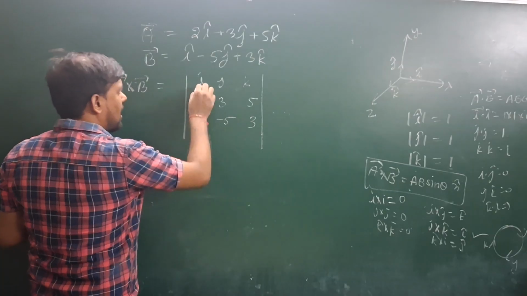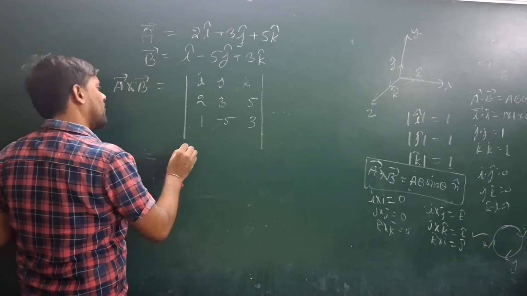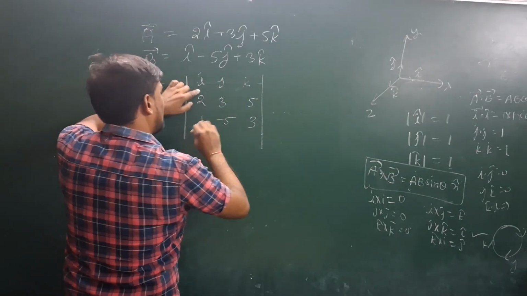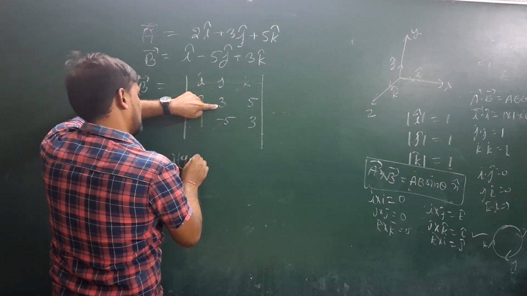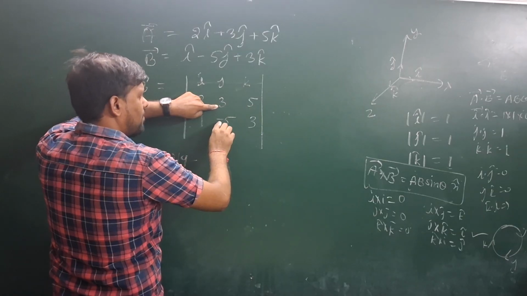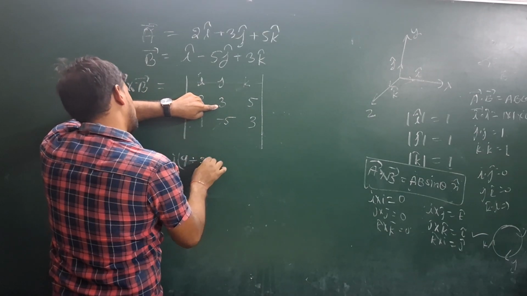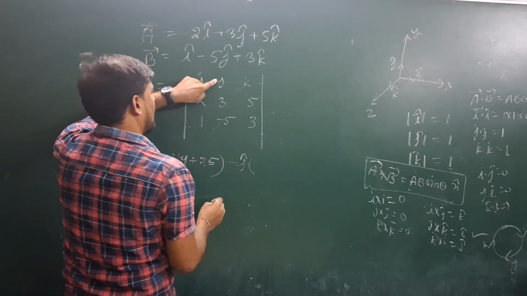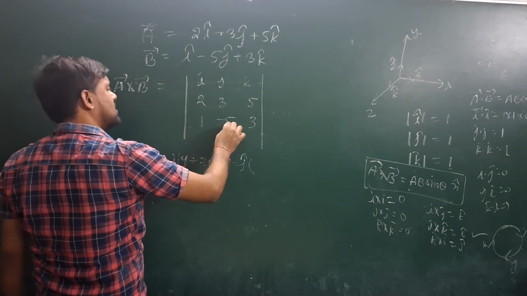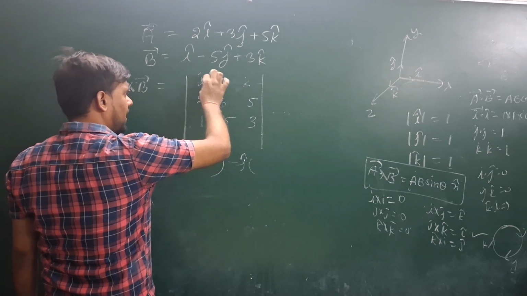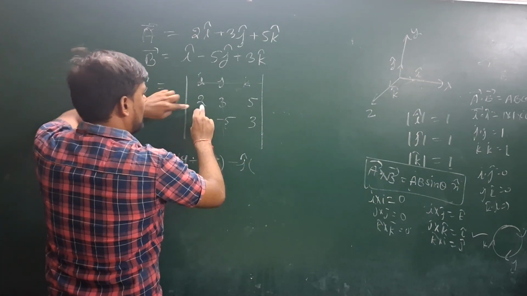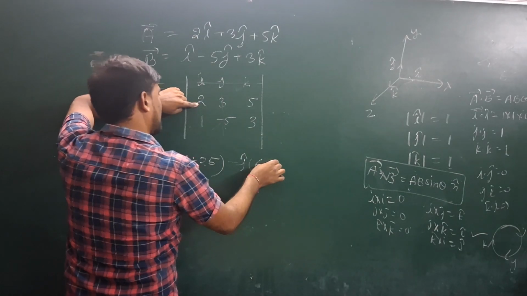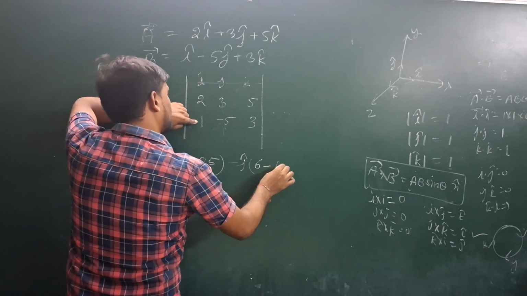How? Let me see. For the coefficient of I, the I row and column are blocked, and we get 3 times 3 is 9 minus 5 times minus 5 is 25, so minus becomes plus 25. Now with minus j, we take the row and column of j removed, and the coefficient is 2 times 3 is 6 minus 1 times 5 is 5.